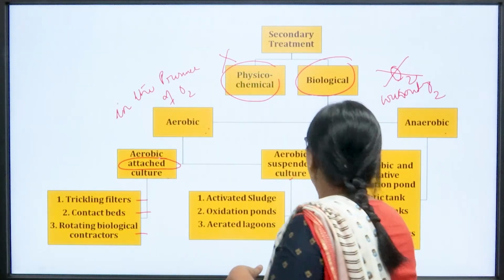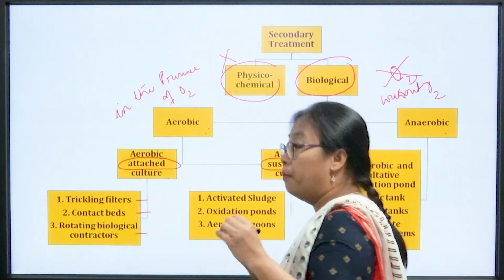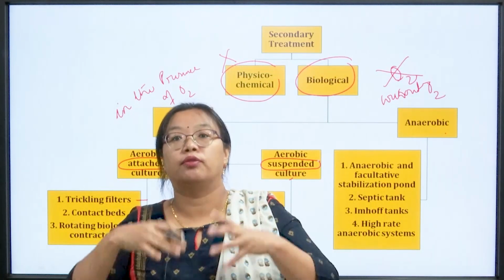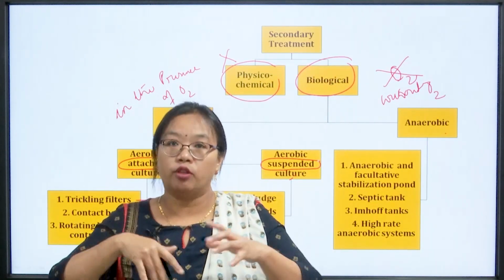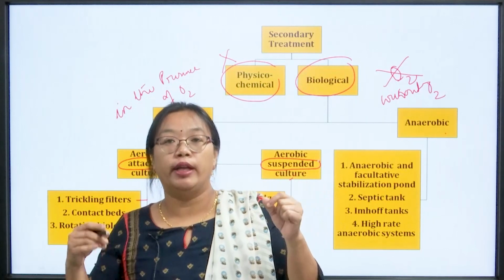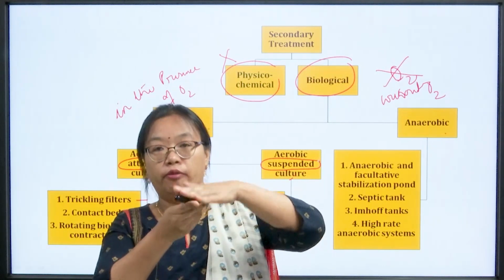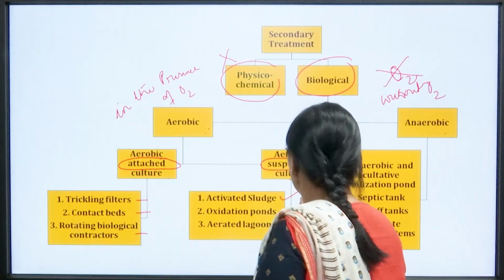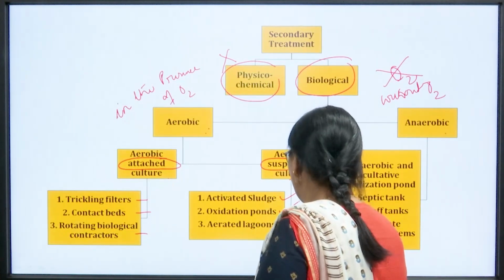Whereas in aerobic suspended, the bacteria is suspended, it is free flowing, it is not attached to anything, it can move around everywhere. In attached, it is fixed. Aerobic suspended can be activated sludge, oxidation ponds or aerated lagoons.